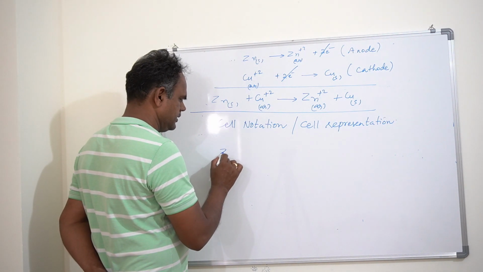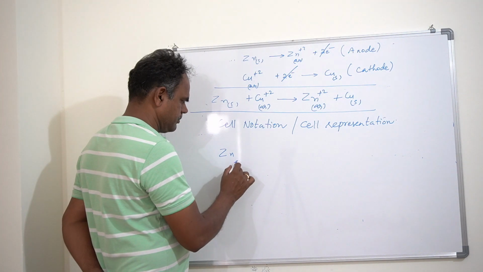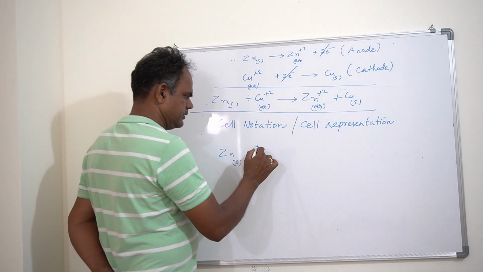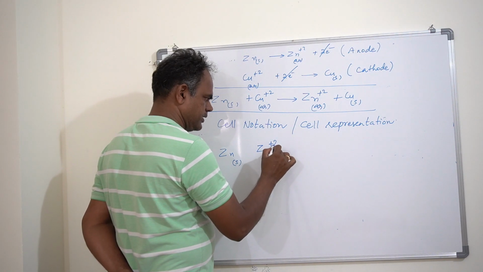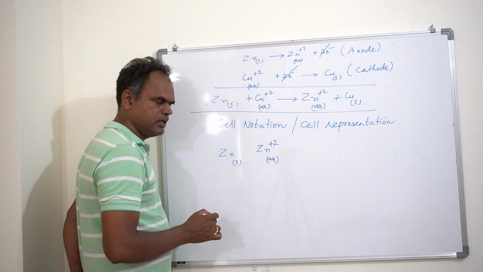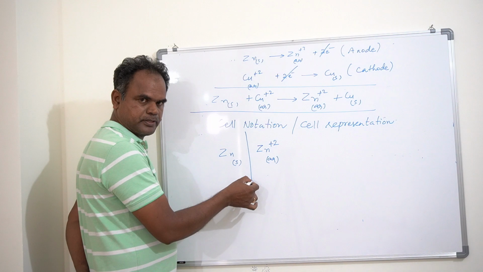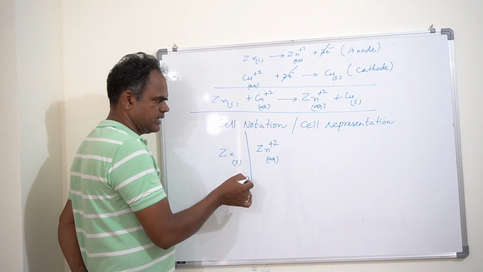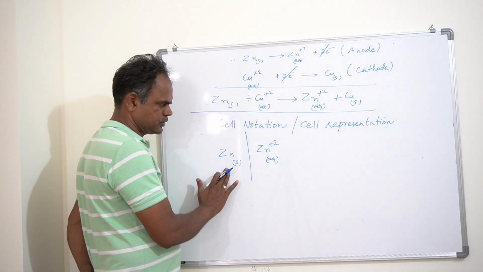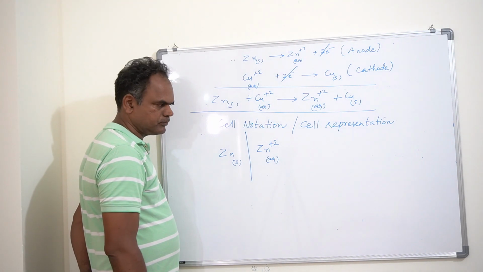In the left half cell, pure zinc metal is taken in the form of solid, which is separated by zinc sulfate solution, an aqueous salt solution. This is a liquid, this is solid, separated by a vertical line. The liquid solution interface with the pure solid metal is shown with a vertical line.